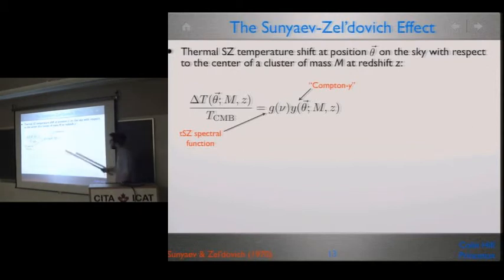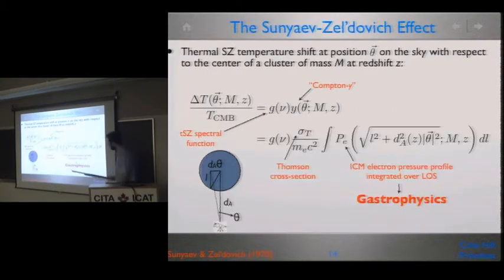So this encodes the product of the typical number of scatterings that occur as the CMB photon passes through the cluster times the average fractional energy change each one of those scatterings produces. So you have a line of sight integral of the number density times kT, so n k T, which is pressure. So what you're doing is you're taking a line of sight integral of the electron pressure profile through the cluster.